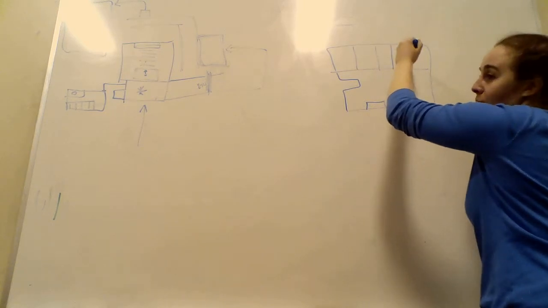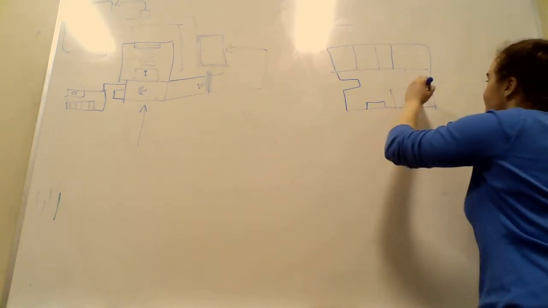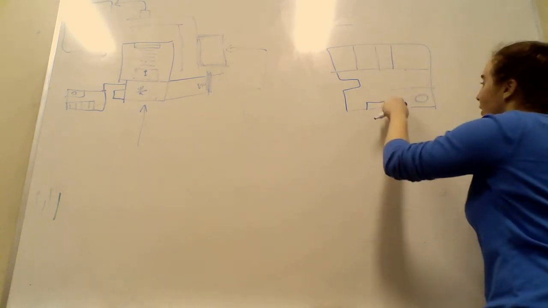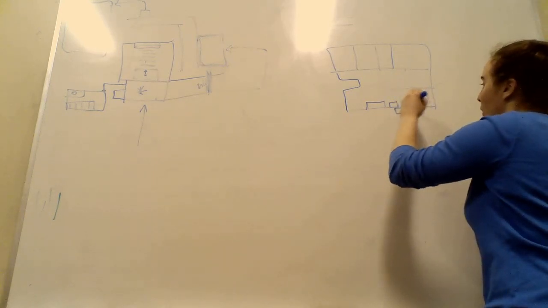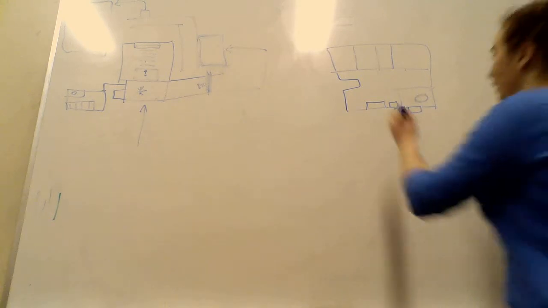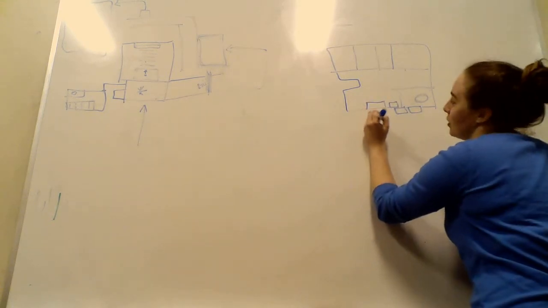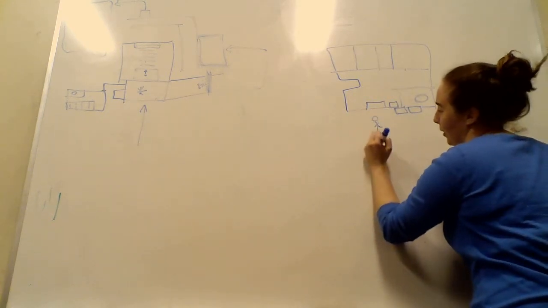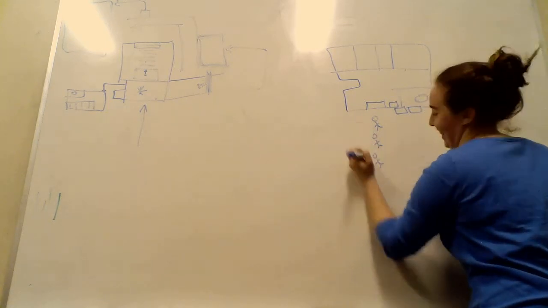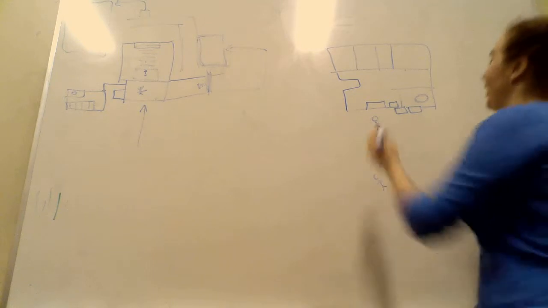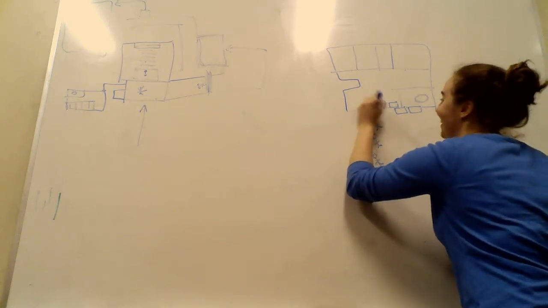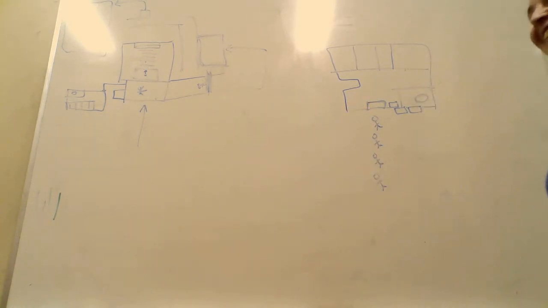This one's the handicap one, it's really big. And then this is the sink over here, and this is a picture on the wall, and there are pictures on the wall here too. And then this is the door. Of course there's a line of people here because there always is to get into the women's bathroom.